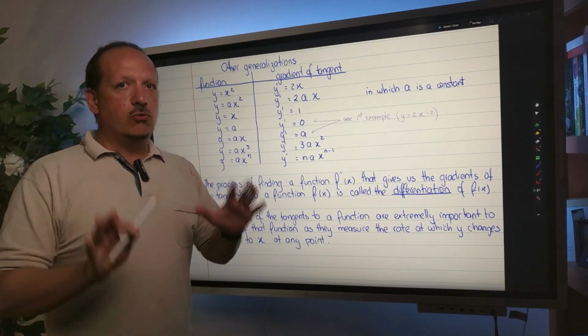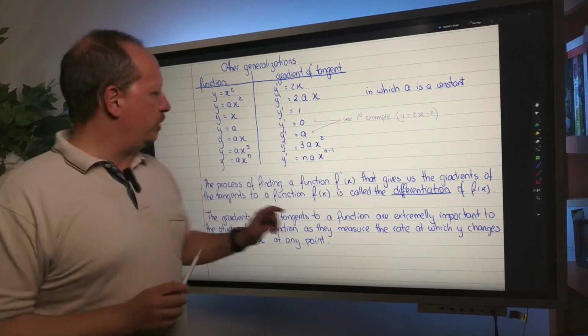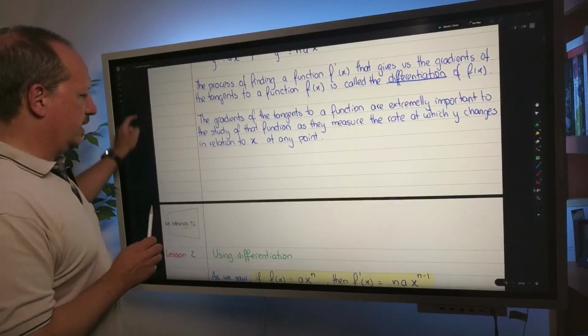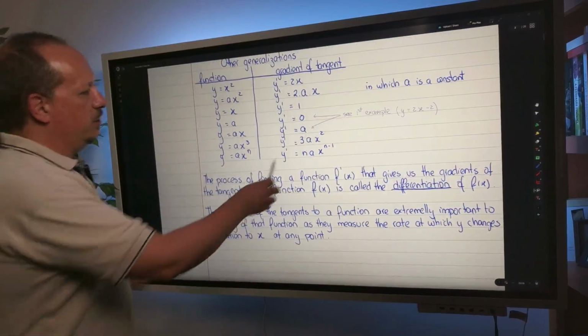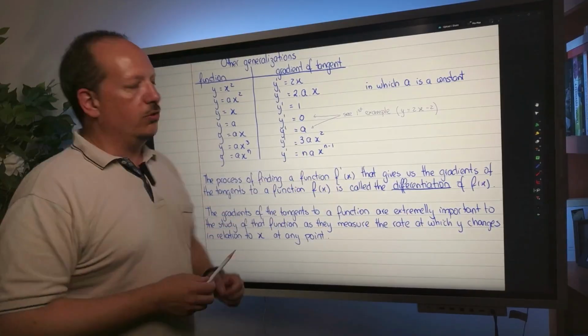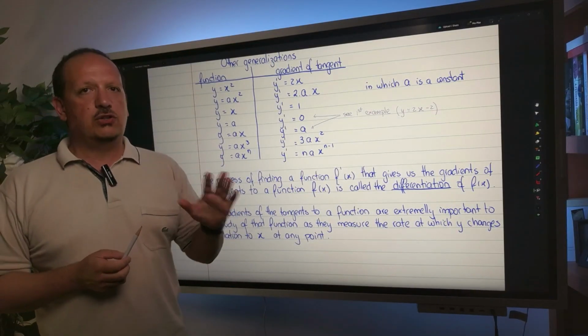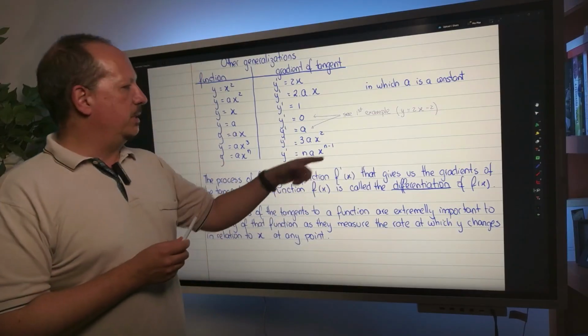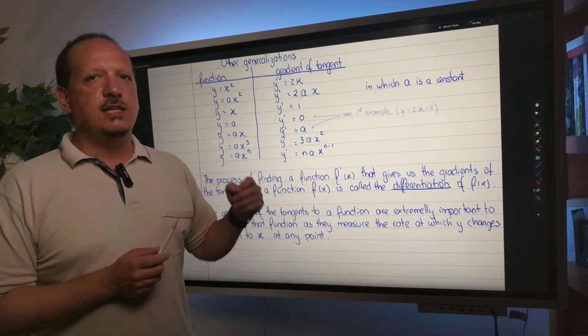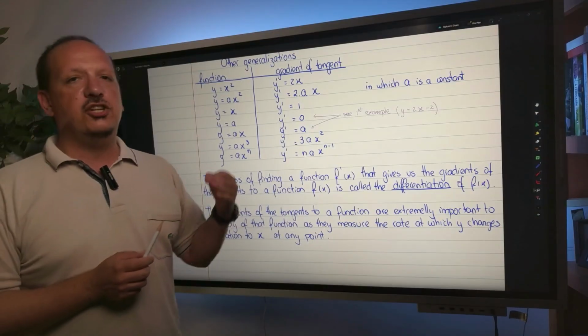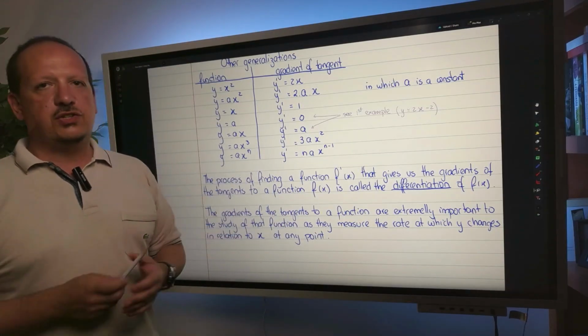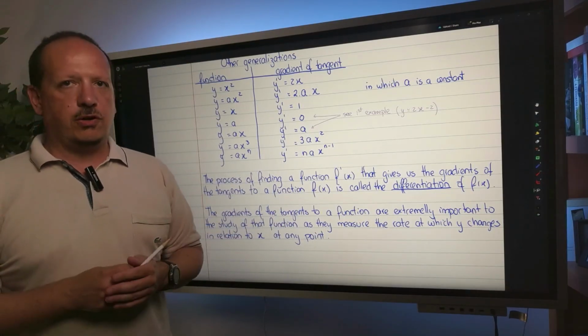All right, so right now just go ahead and practice differentiation using this method, using this generalization over here, and do it very fast. You are not going to be tested on your ability to differentiate. You are going to be tested in your ability to understand and use differentiation to answer a broader range of questions.